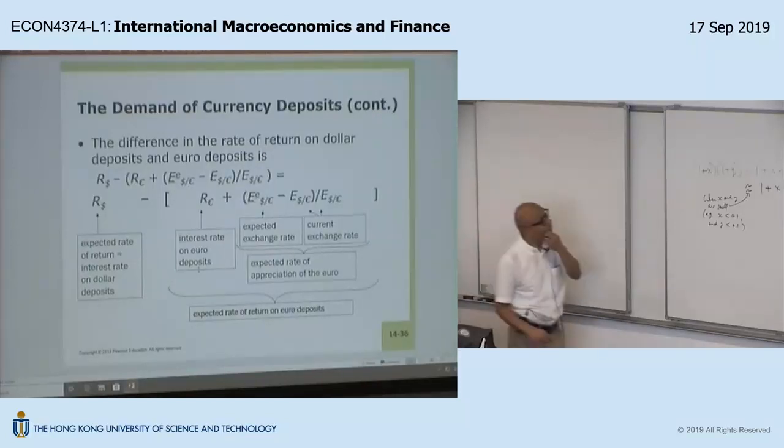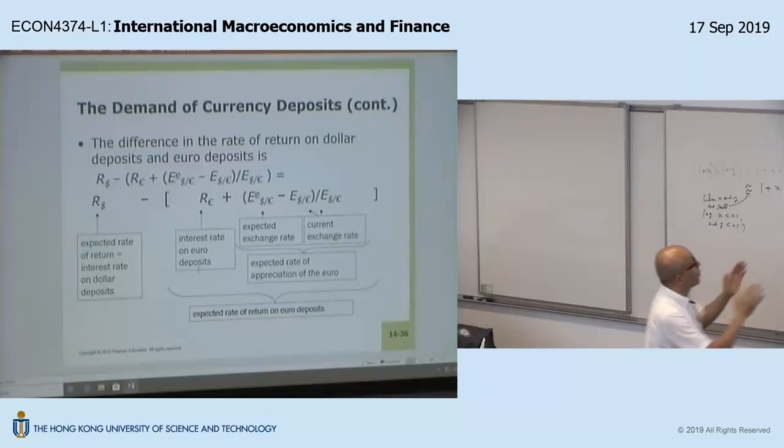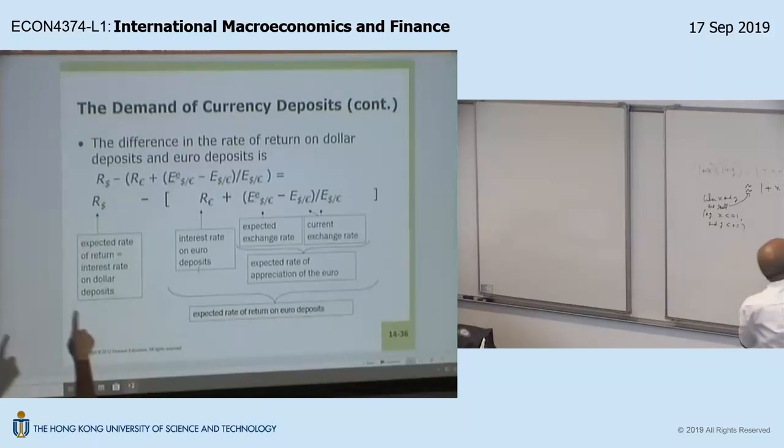Here, you can see that the difference in the rates of return on dollar deposit and euro deposit is given by this first expression.